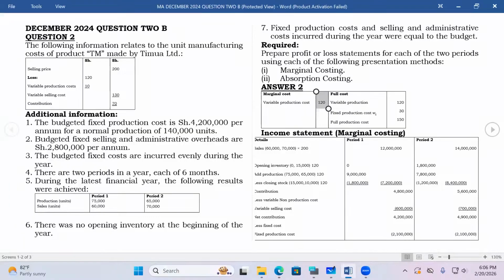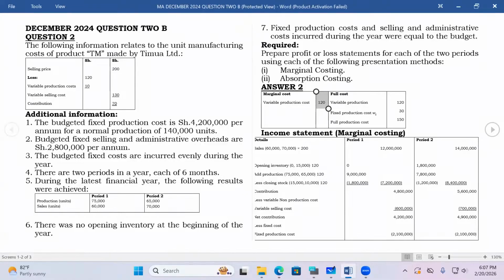You can see they have given us the variable production cost. From your past papers, what are you able to see as the variable production cost? It is 120, isn't it?